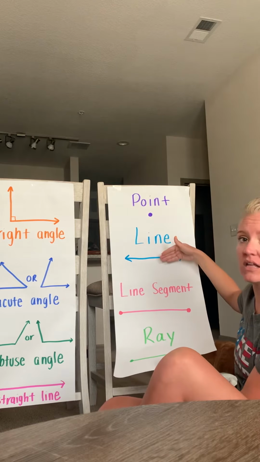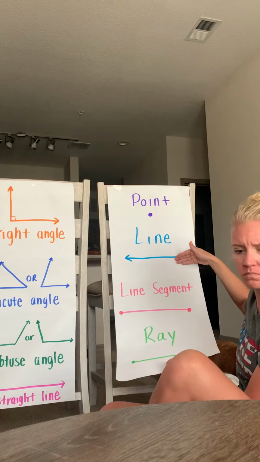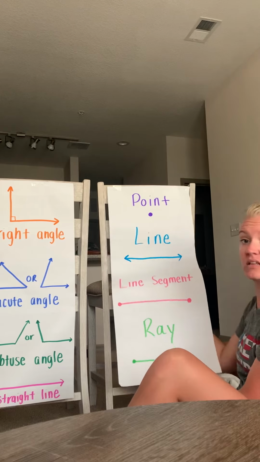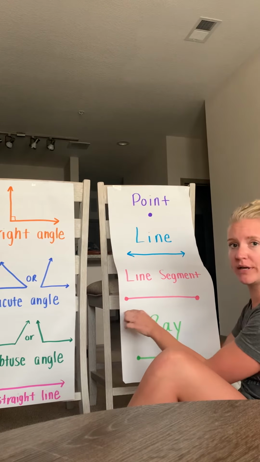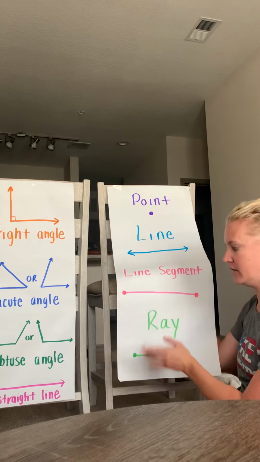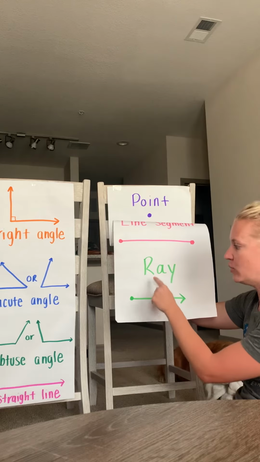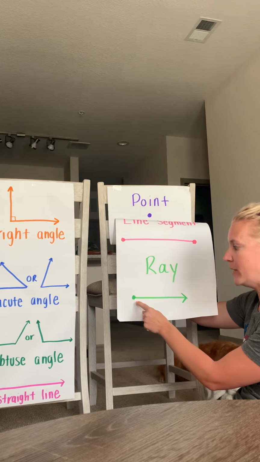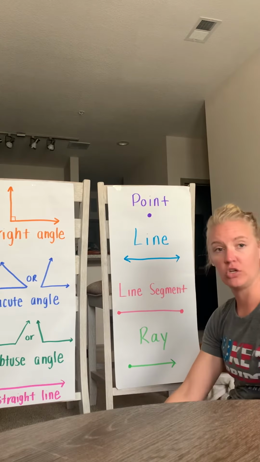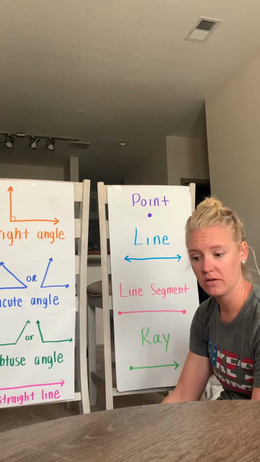A line has a line, but does it have an endpoint? A line segment has a line, and it has 2 endpoints. You'll notice the key word in this question is one endpoint. So let's look down at the ray. The ray has one endpoint on a line. So the answer would be a ray, and you would need to draw that.